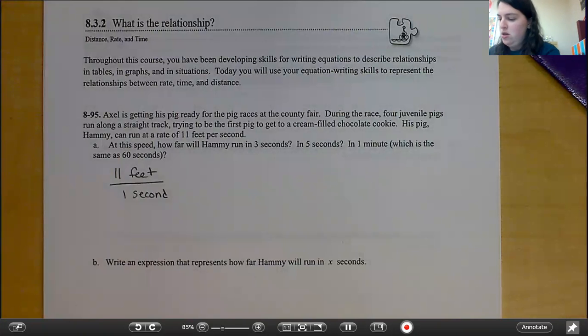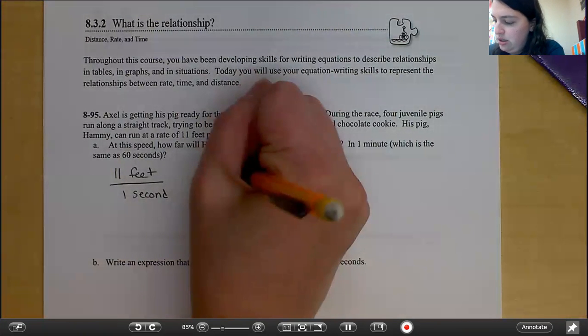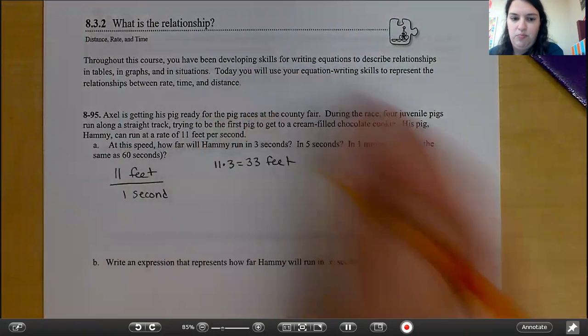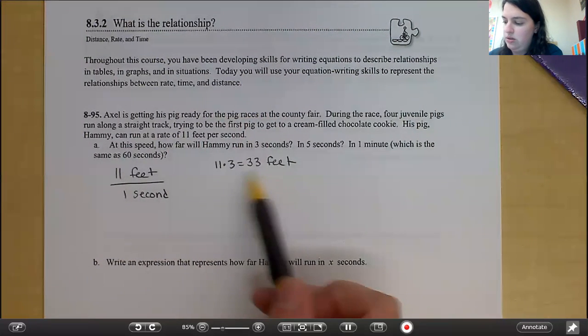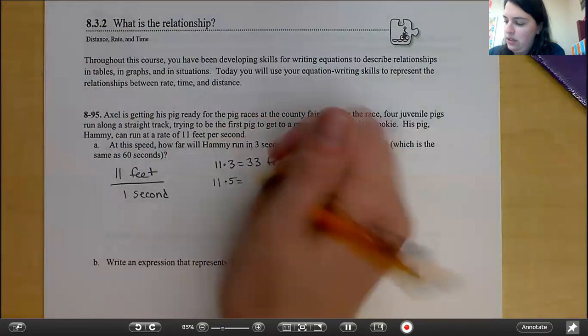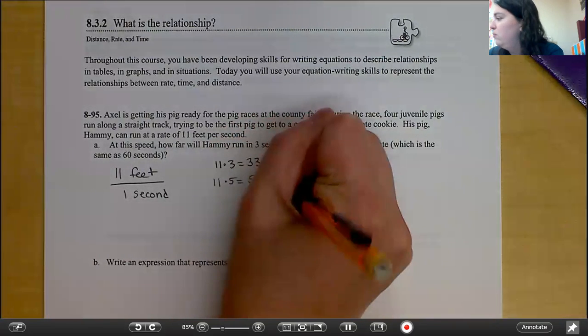Okay. So in 3 seconds, he can run 33 feet because 11 times 3 seconds is 33 feet. In 5 seconds, he can run 55 feet.